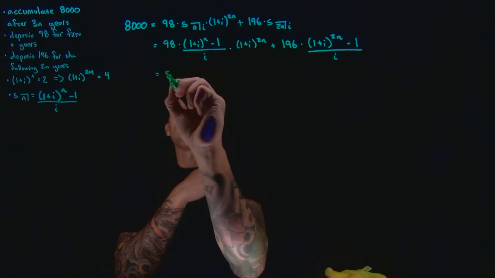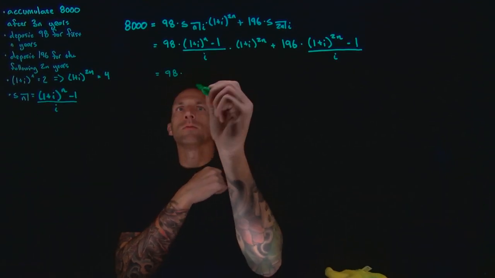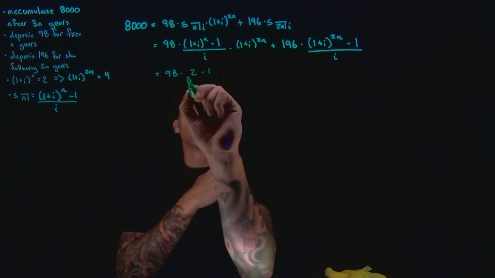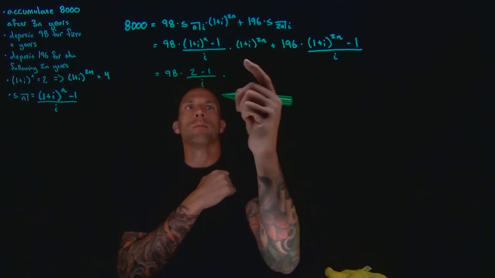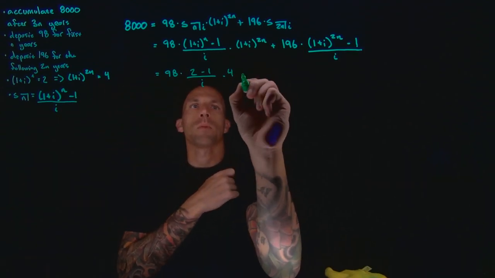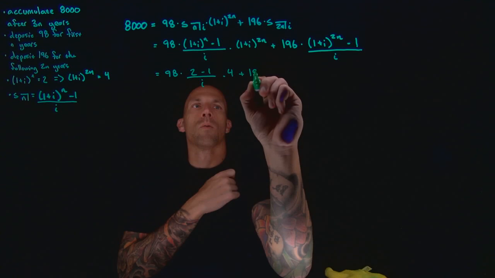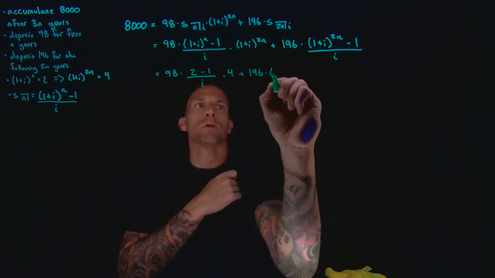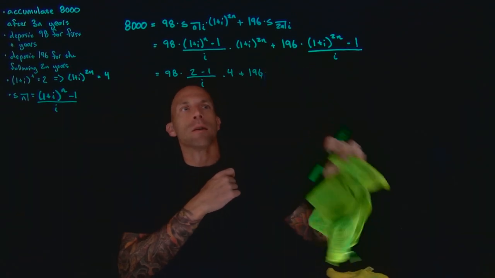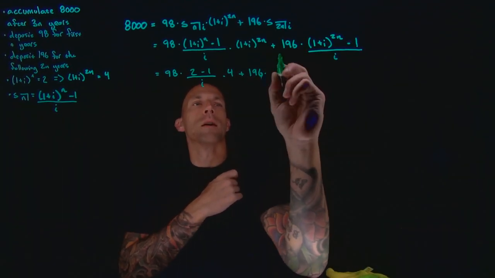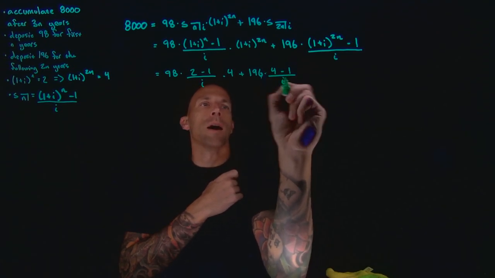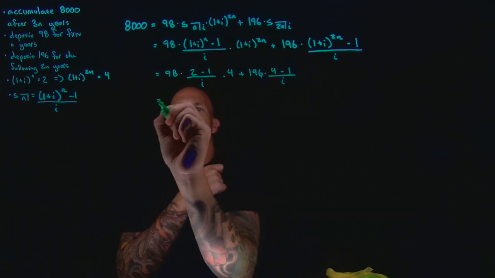So let's rewrite that as 98 times 1 plus I to the n is 2, 2 minus 1 over I, times 1 plus I to the 2n is 4, plus 196 times 1 plus I to the 2n, again is just 4 minus 1 over I, and we can simplify that down a little further.